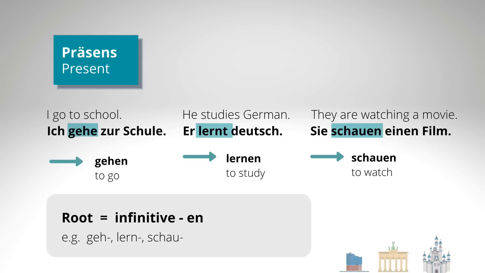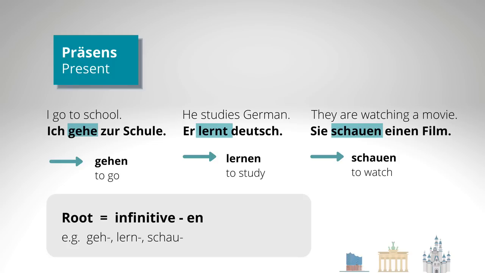The same in our next sentence. Er lernt Deutsch. Lernt is the third person singular of the verb lernen, to study. Lernen is our infinitive, and again, in order to get the root, you leave out the ending en. So the root is lern. You will see in a minute where I'm going with this. And the same also goes for our last sentence. Sie schauen einen Film. They are watching a movie.